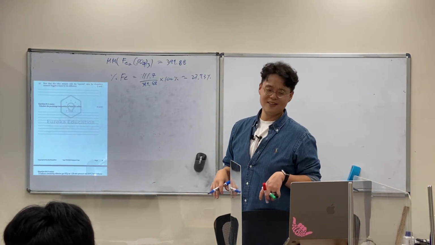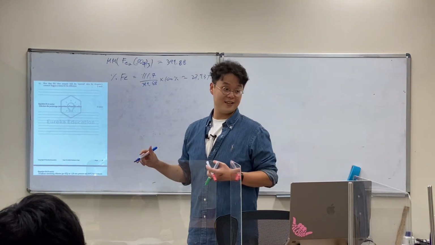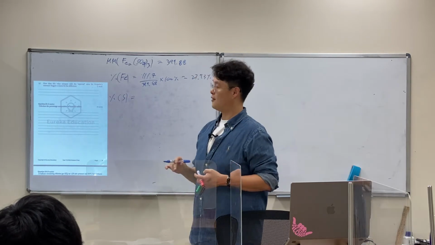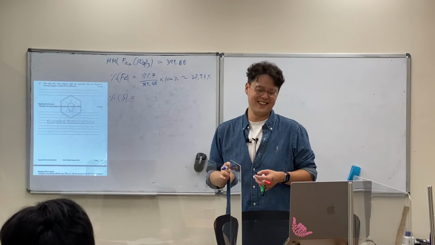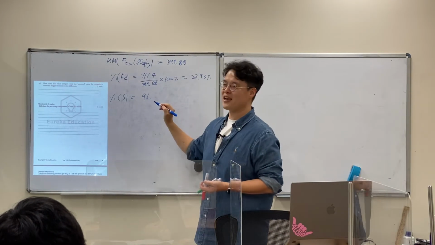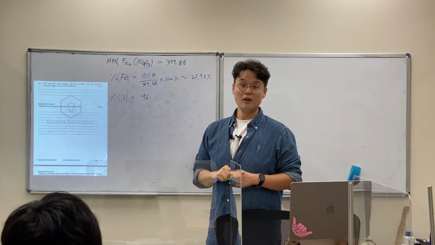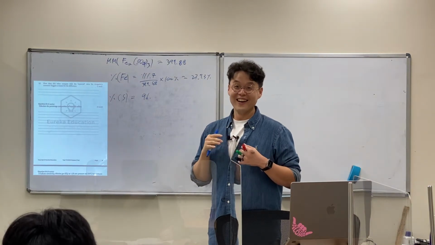I wrote iron nitrate. Nitrate? Yeah. And I did Fe2SO4. Wait, sir, I lost 2 marks for this because I didn't write percent. Well, that's what you get if you don't write any units. Really important.